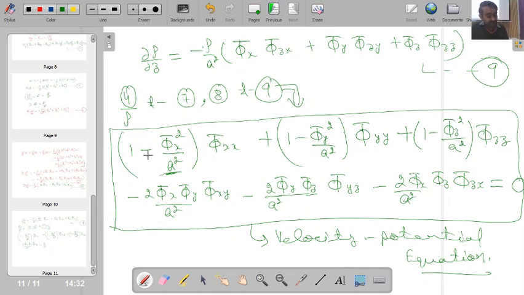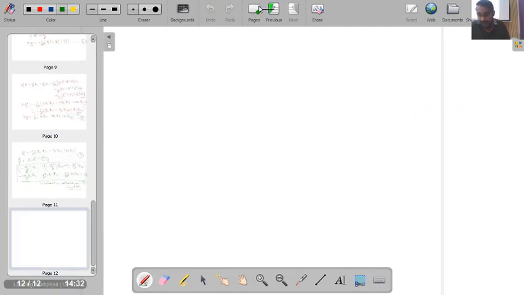For that we will take the help of energy equation. So say this is my equation number 10. Typically our energy equation says that h plus V square by 2 is equal to h naught. And for isentropic and steady flow situation, h naught remains constant.